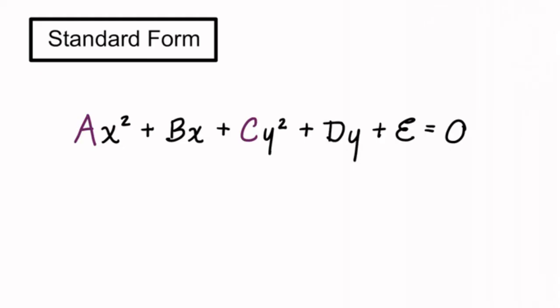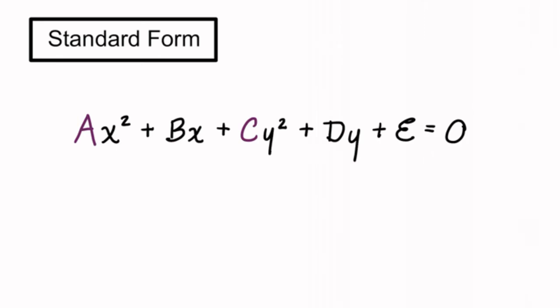Sometimes we may be given our circle formula in standard form, and we might not even be sure if it's actually a circle to begin with. This generic equation below could be an ellipse or a hyperbola. If either the x or the y values were to fall out, it could be a parabola. So we might want to convert it into the form of a circle so we can figure out the center coordinates and the radius. Well, before we even do that, it would be a good idea to figure out: is this actually a circle or one of those other shapes?